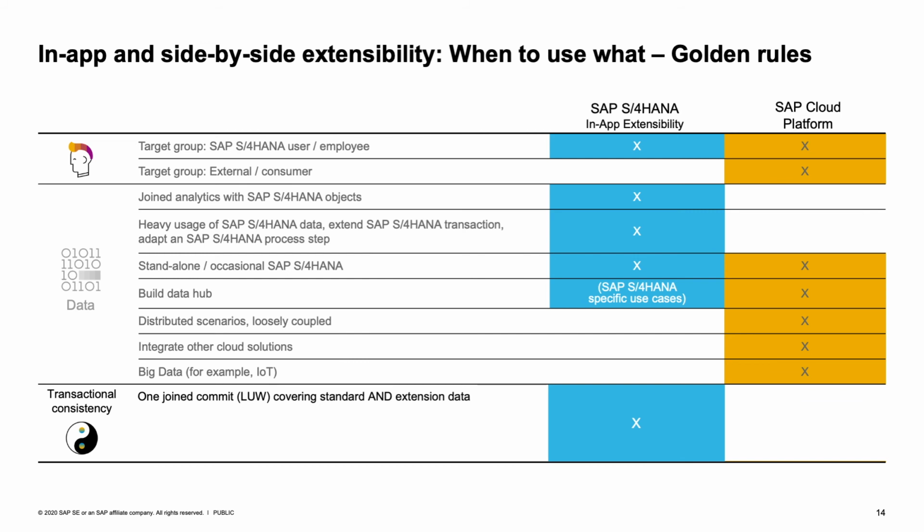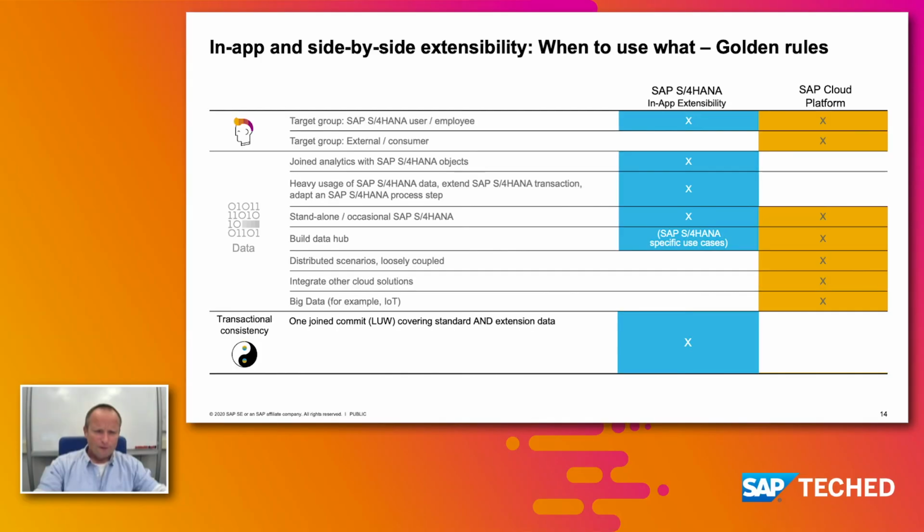And then there is one more golden rule, that is transactional consistency. If a very strong transactional consistency between your standard data changes and your extension data changes is given, and you want to have one joint commit, one logical unit of work, then this also points you rather into the direction in-app extensibility and S4HANA.